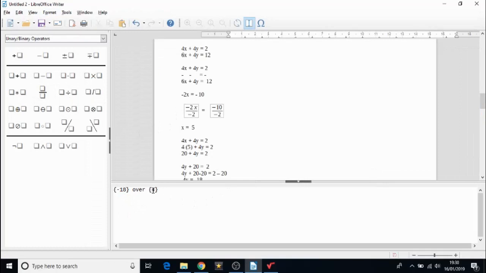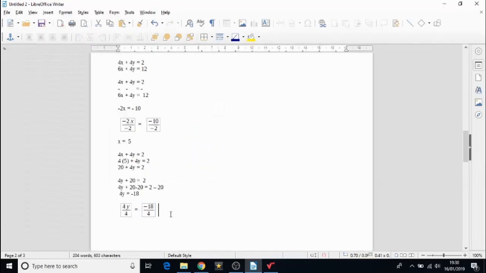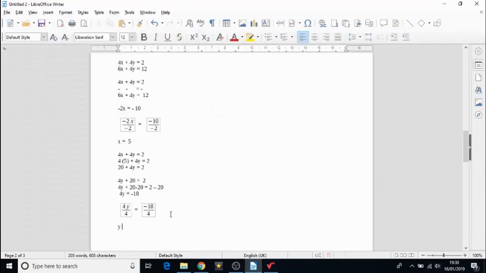You can use a calculator for this. Therefore, y is equal to minus 4.5. So you worked out your x value and worked out your y value.